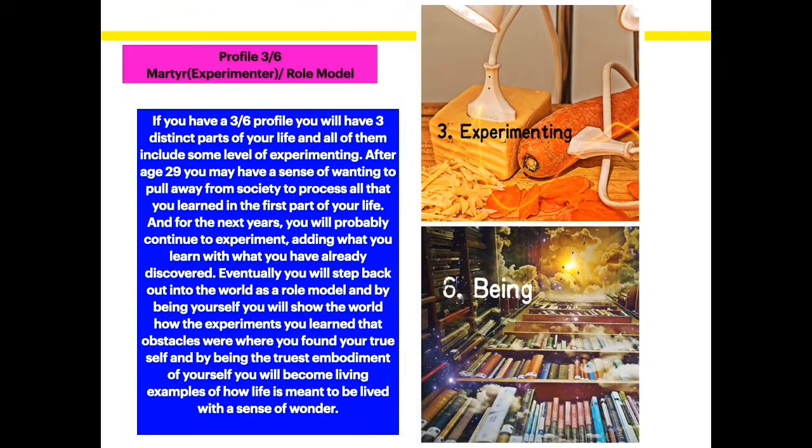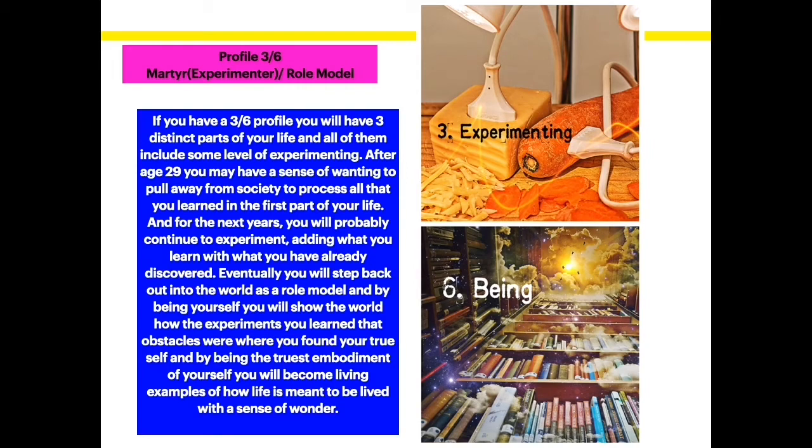Now we're talking about the 3-6 profile. For the first 30 years of someone's life, it means you're experimenting doubly, because anybody who carries a sixth line, the sixth line energy is all about three phases of life. The first phase is from birth until about 28, 29, and that's usually around the Saturn return.